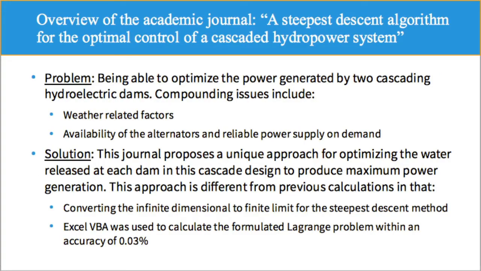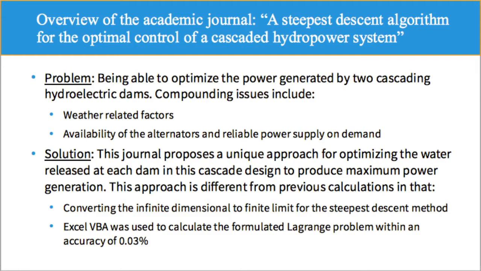So now we'll start to go over the academic journal. This is, once again, called the Steepest Descent Algorithm for Optimal Control of a Cascaded Hydropower System. So just as mentioned before, in the country of Nigeria, there are two cascading hydroelectric dams.